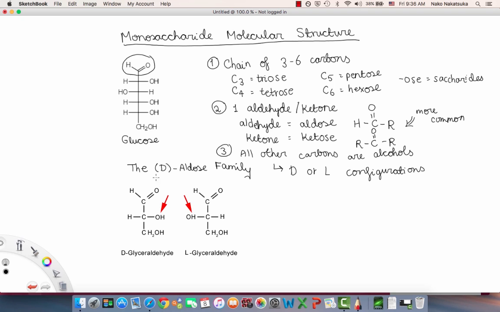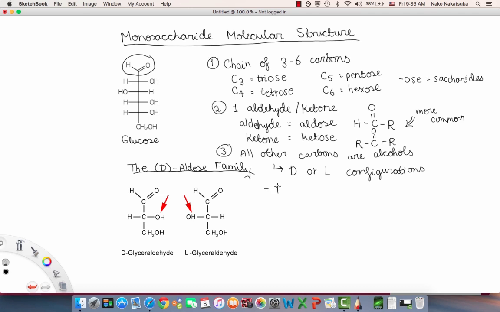Okay, so now let's look at this D-aldose family first off. When we talk about D or L configurations, I wanted to let you know how you can differentiate between, for example, D-glyceraldehyde and L-glyceraldehyde.